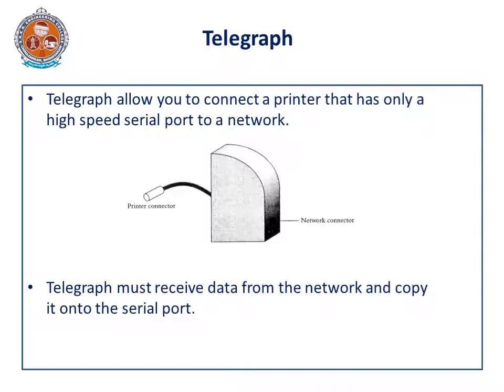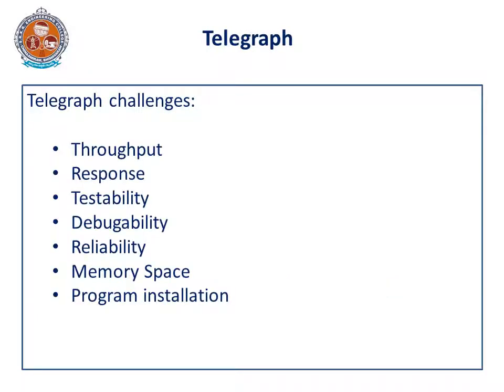The telegraph must handle different types of printers without customer configuration, and it responds within 200 milliseconds to the network. It must keep track of time. The telegraph has some challenges: throughput, response, testability, debuggability, reliability, memory space and program installation.